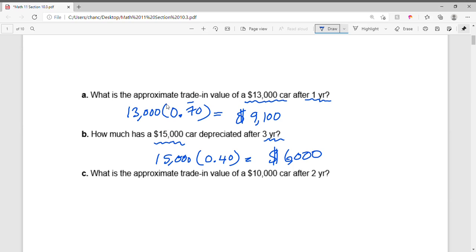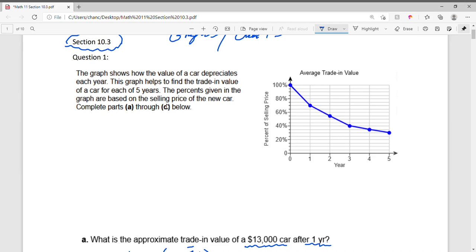In part C, what is the approximate trade-in value of a car that is worth $10,000 after 2 years? Let's look at the chart for after 2 years. At the 2-year mark, it appears that this is at 55%. Each of the increments is 5%, and so I am pretty sure this is at 55% of the original value.